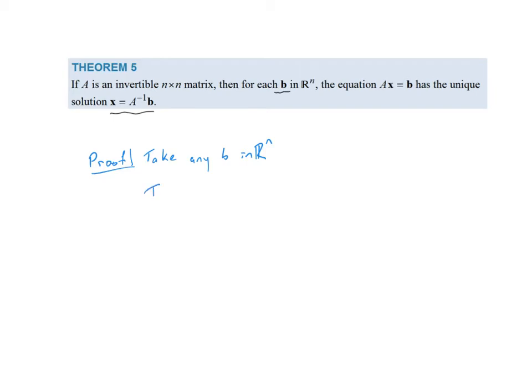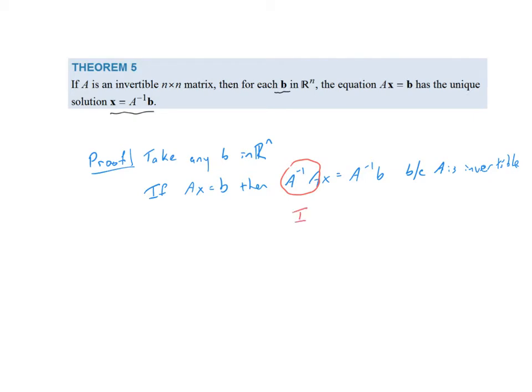Then we're going to say if Ax is equal to B, then A inverse times Ax is equal to A inverse times B. And I know that that inverse exists because we're told that A is invertible.